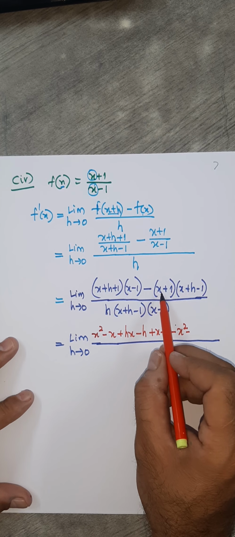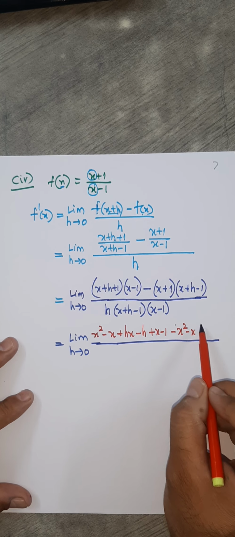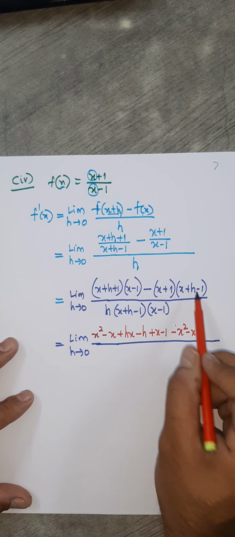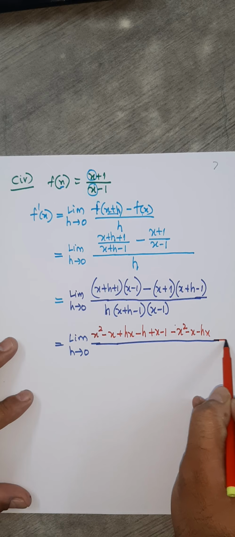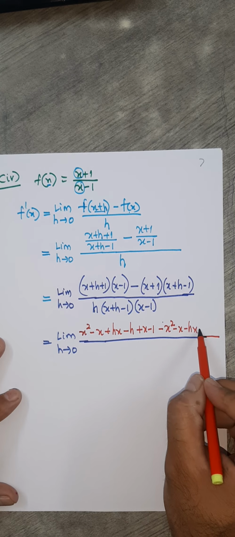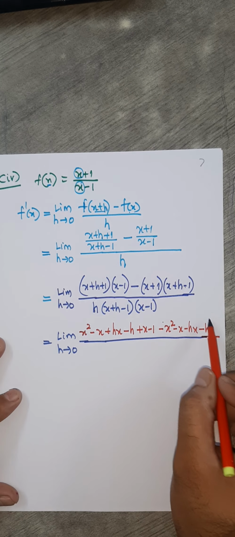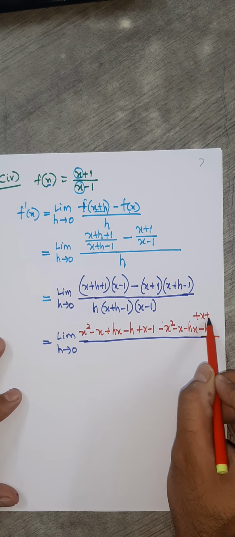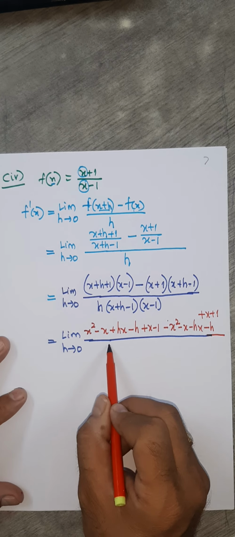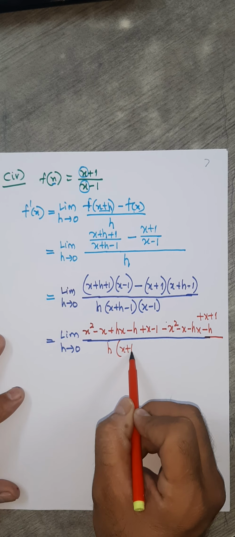Minus, here the x minus sign is there, remember. Then we have minus hx, then we have minus h, and finally this minus minus will be plus, so x plus 1, both are plus, upon this expression right now as it is.